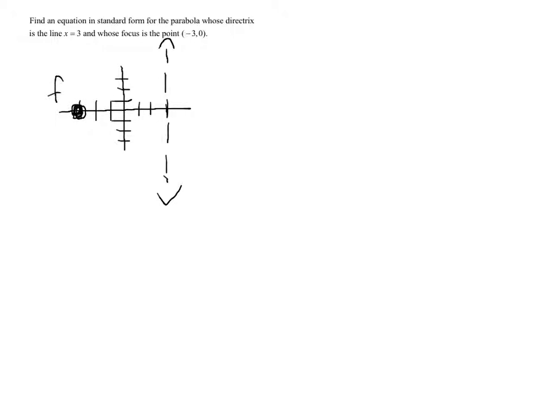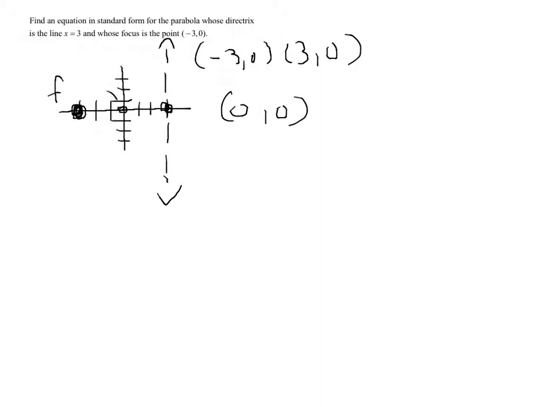Here's my focus. Because they should be equidistant from the parabola, find the midpoint of them. So I have the point (-3, 0) and (3, 0). If I find the midpoint of that, I get (0, 0).